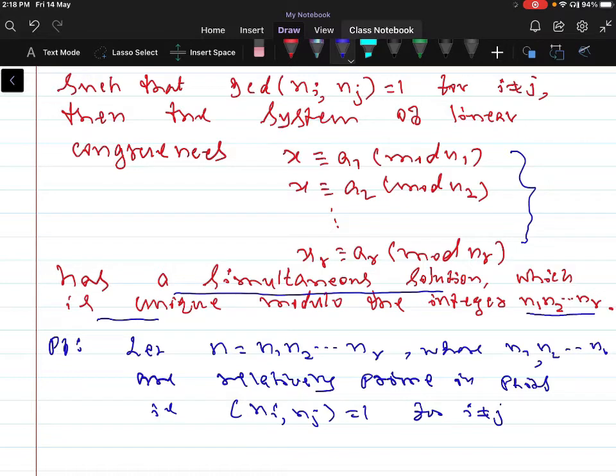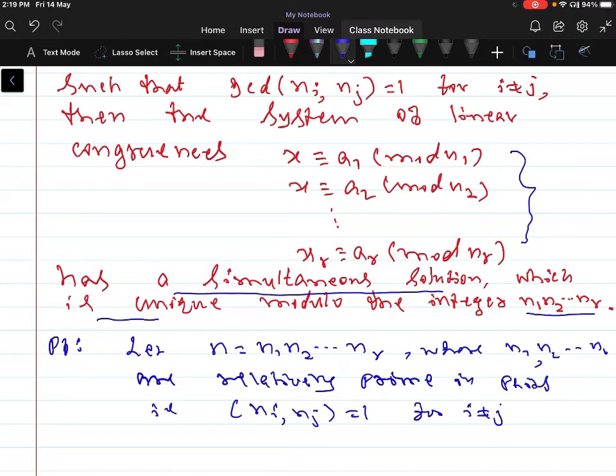For example, n1, n2 are co-primes, relatively prime numbers, or n1 with nr, n2 with n1. So these are the relatively prime numbers. So they are prime in pairs.